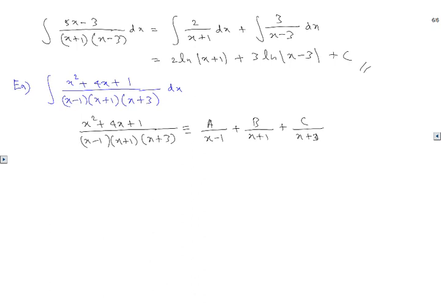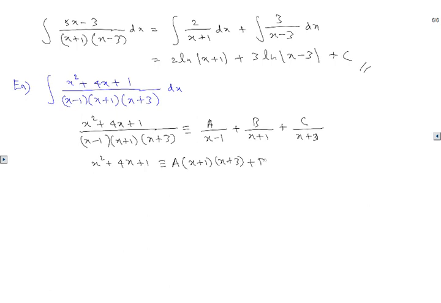Now we multiply by the common denominator, and we get x squared plus 4x plus 1 identically equals a times... When you multiply, the x minus 1 factor gets canceled and you get the other 2, so you get (x plus 1)(x plus 3).